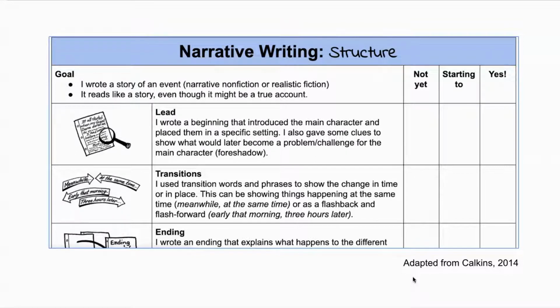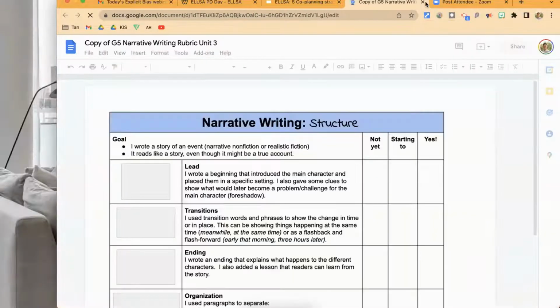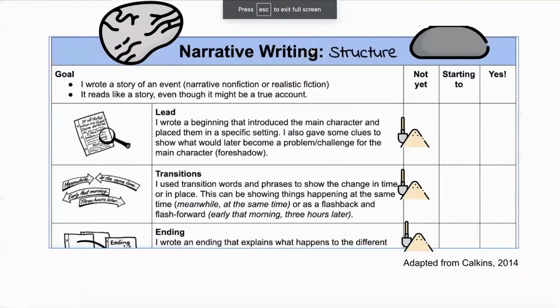We took out a rubric, which was already created by Lucy Calkins, and we adapted it for our own use. In the rubric, there were 3 things: structure, development, and conventions. Those are the pebbles. The rubric itself is the stone.